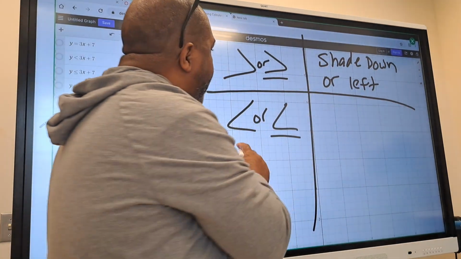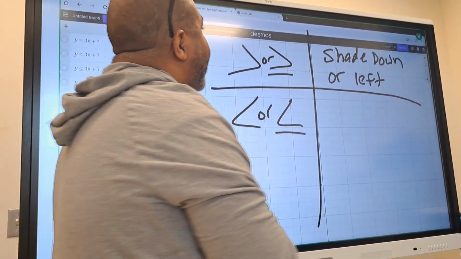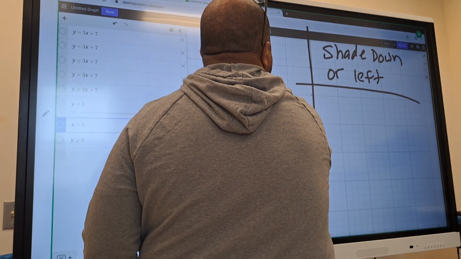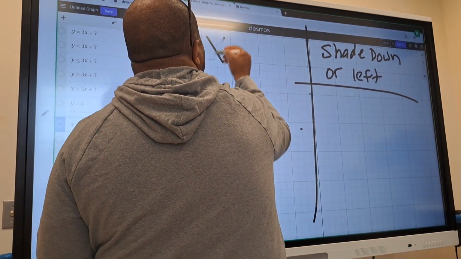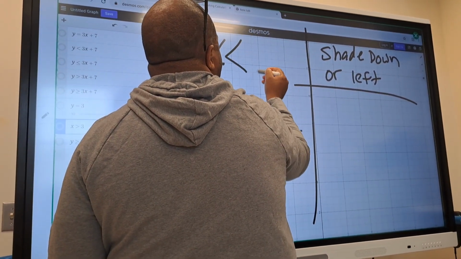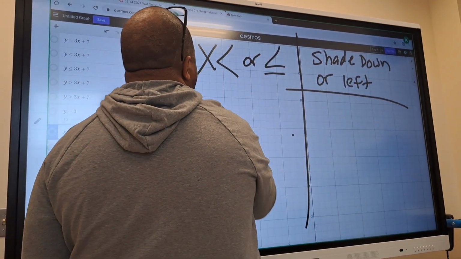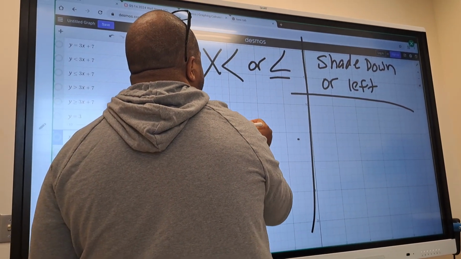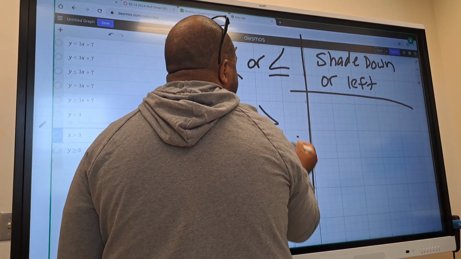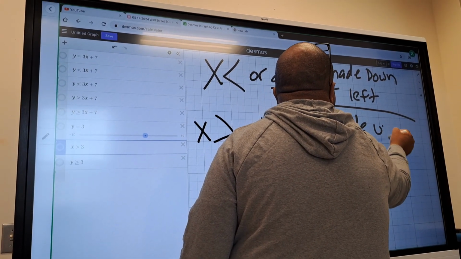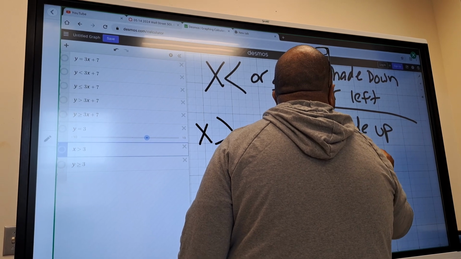If it's greater than, oh, I did it backwards. Somebody should have caught that. All right, so if x is less than or equal to, then you're going to shade to the left. If it's greater than or equal to, you're going to shade up or right.